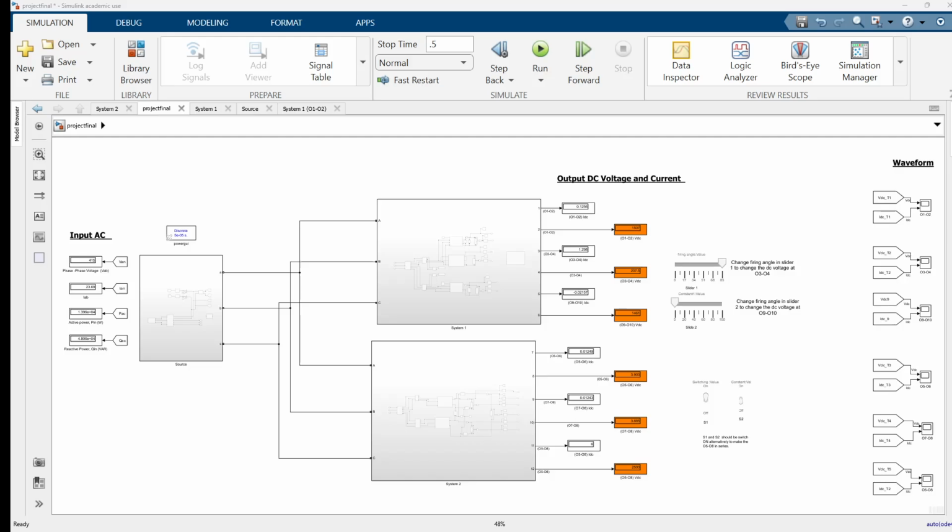In this video, I will walk you through the design and simulation of a high current, high voltage, multi-output power electronic converter.